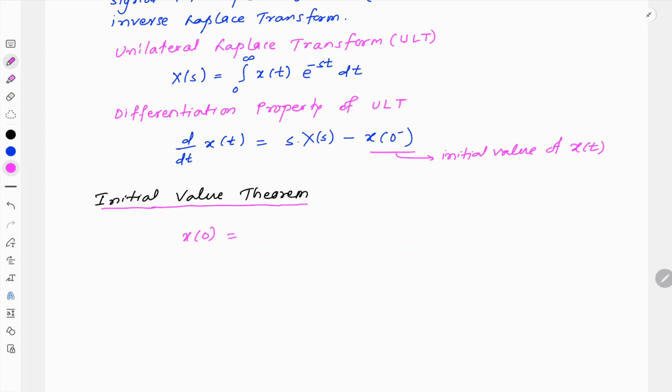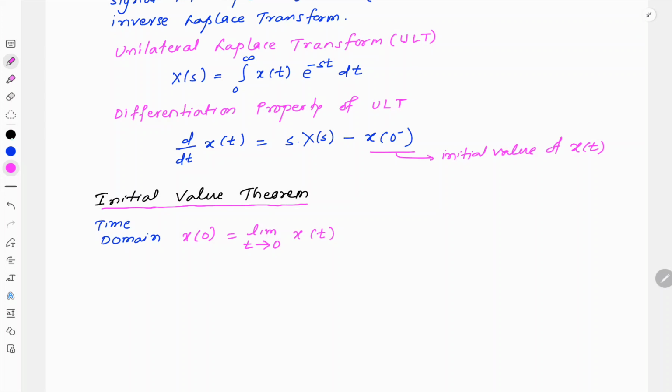If we represent this in time domain, x of 0 will be equal to limit t tends to 0 x of t. This equation is in time domain, but our aim is to find out the value of x of 0 from x of s, that is Laplace domain.